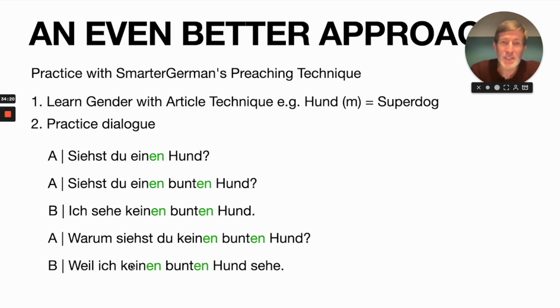So the preaching technique is the best approach to really internalize grammar and to intuitively use it. Don't miss out on this. It's of course part of every free trial lesson that I have. And if you work with my courses beyond that, it's part of every single lesson because it's such a valuable, beautiful, powerful approach. Give it a shot.